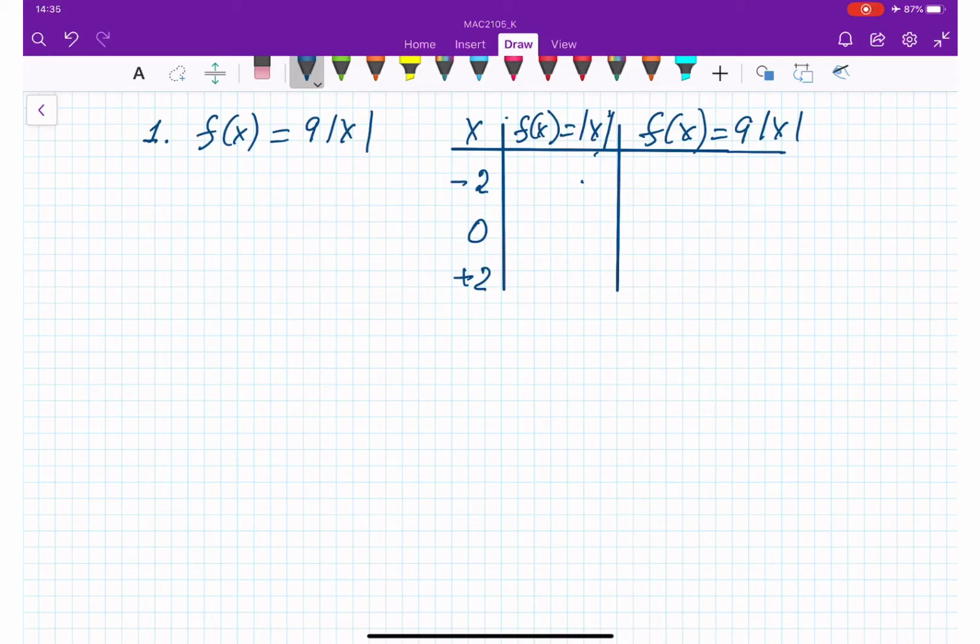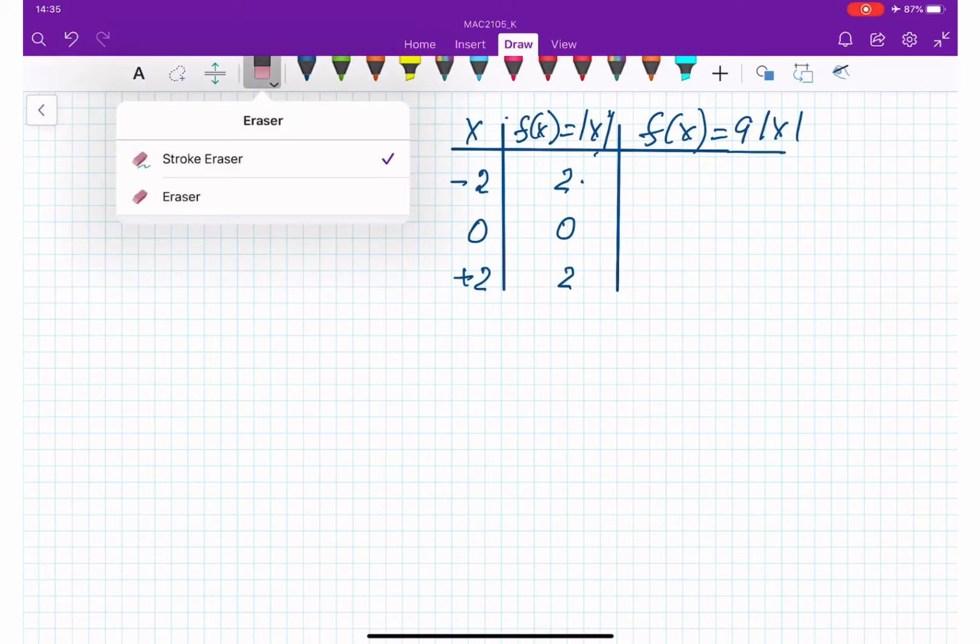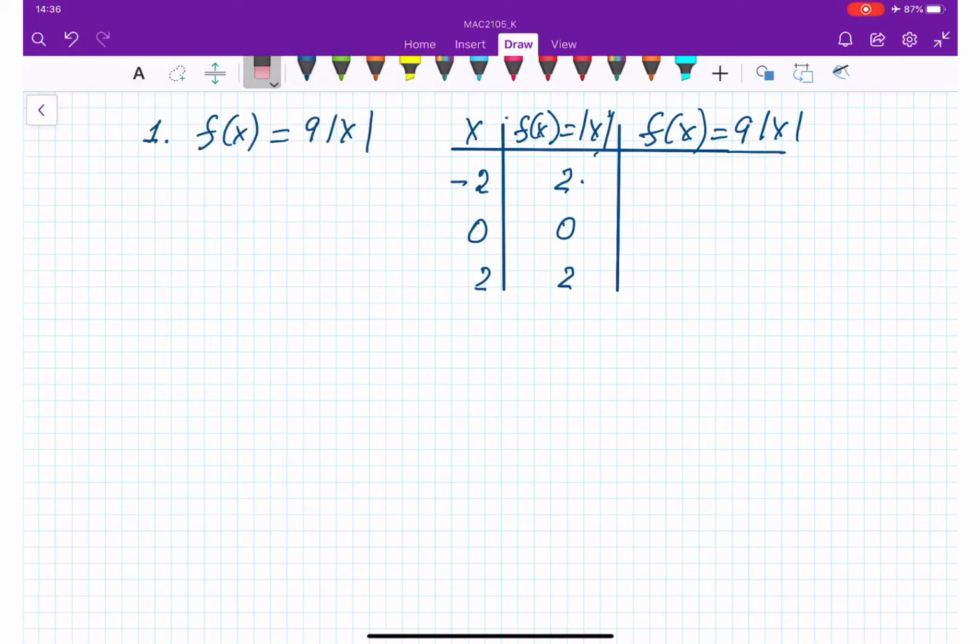Well, let's see what we get. If we have -2, then f of x is going to be +2, correct? So positive will come out. If we have 0, it's going to come out 0. And if we have +2, it's going to come out +2.